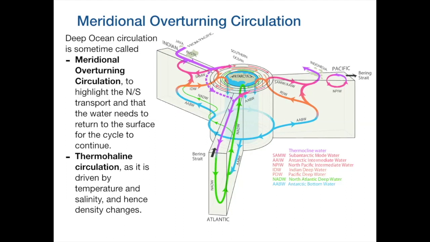So this plot here is another schematic. It's obviously more complicated than the conveyor belt one we just looked at. I don't want to go into any of the details here, but I wanted to make sure you realized that the conveyor belt one is a simplification.